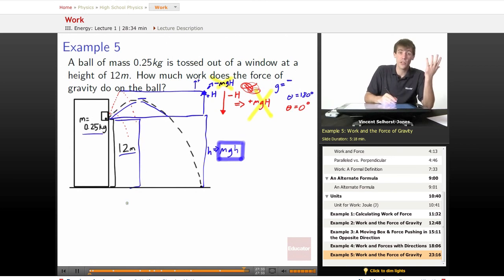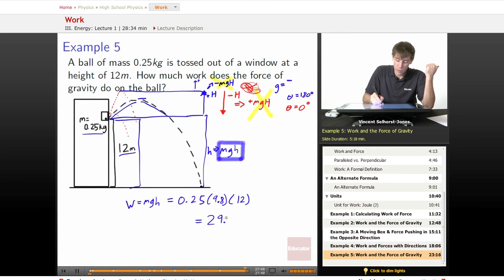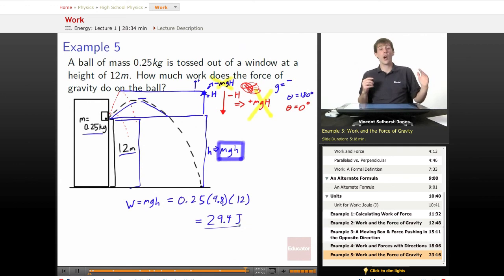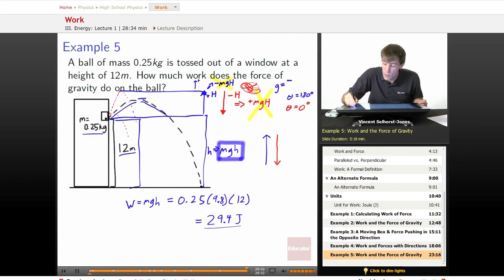So in the end, our answer is just going to be the exact same answer we got for example 2. The work equals mgh, which is 0.25 times gravity, 9.8, times the 12 meters, which equals 29.4 joules. What we got. And the reason why is because the amount of the arc that goes above where we started gets canceled out, because it has to travel up, but then it travels that same amount back down before it can do the real fall of little h.